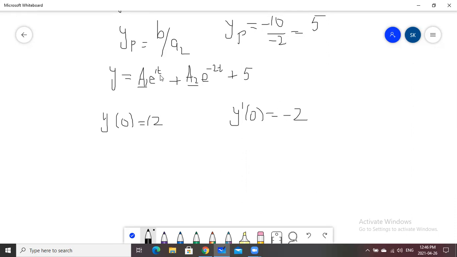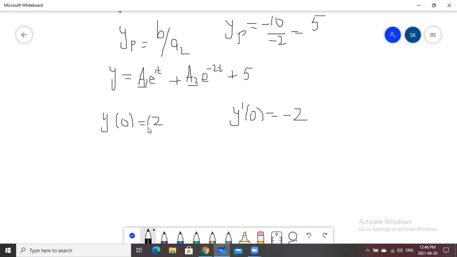If the value of t is equal to 0, then y of t is equal to 12, that is, y of 0 is equal to 12, and by taking its derivative we get y prime of 0 is equal to minus 2. This is the first derivative basically.